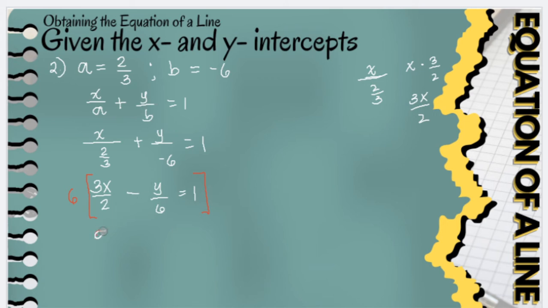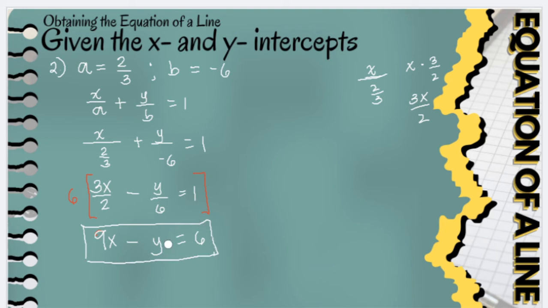Tama? So, we have here 9x. Then, 6 times y is 6y divided by 6 is y. So, that's minus y is equal to 6 times 1 is 6. So, this is our standard form.